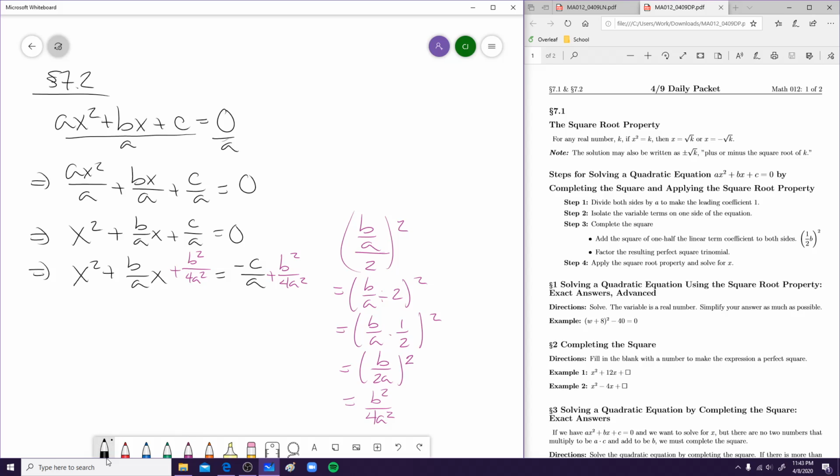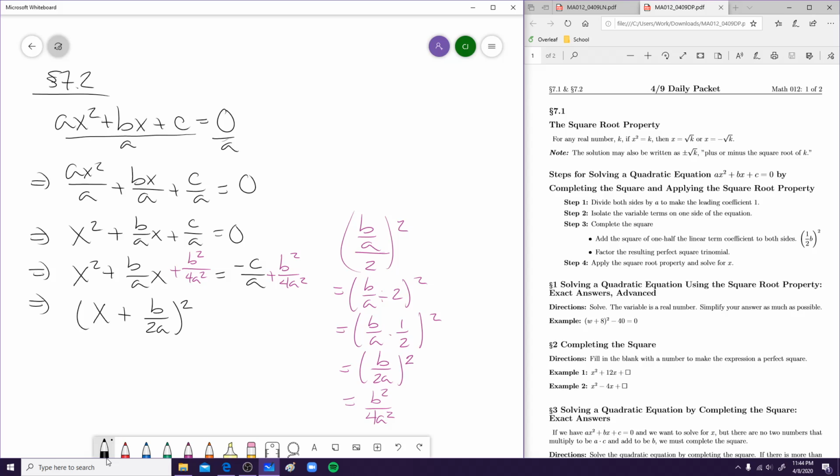Right. Now, we are going to factor the resulting perfect square trinomial. So this becomes x plus b over 2a quantity squared. If we check our work, this is x times x, which is x squared. b over 2a times b over 2a is b squared over 4a squared.